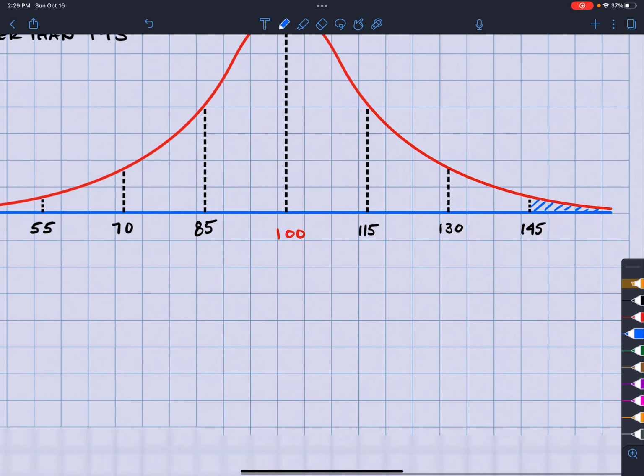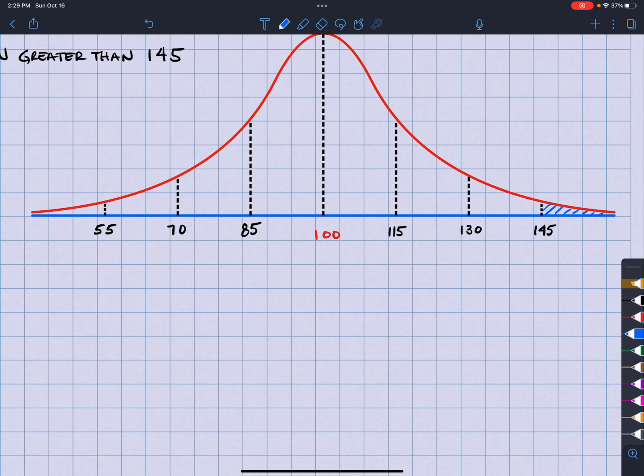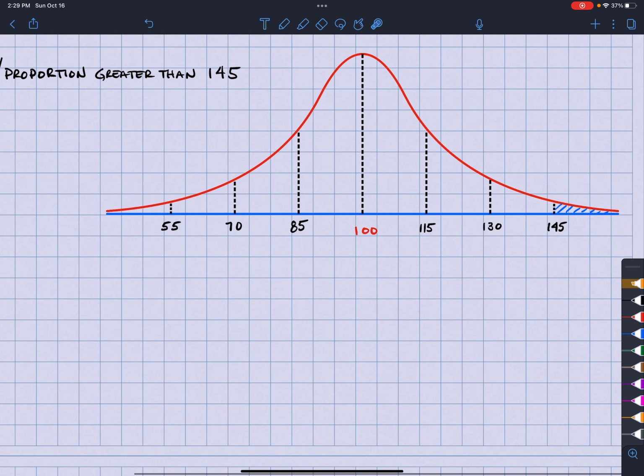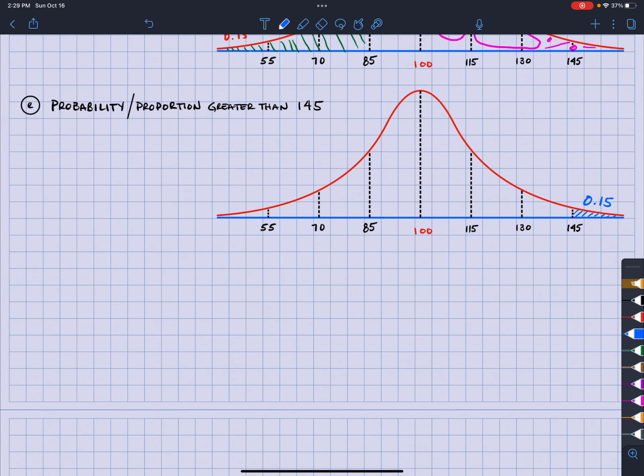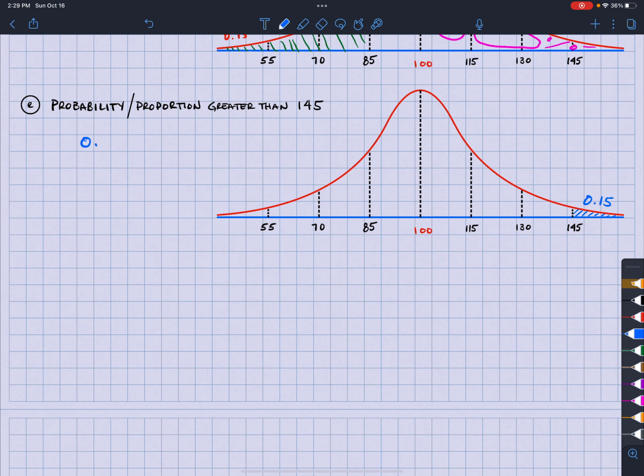Same thing. I could subtract everything else, but this doesn't seem worth it because I know the answer for this is 0.15, so therefore this is going to be 0.15%. But yes, you could subtract everything else if you wanted to.